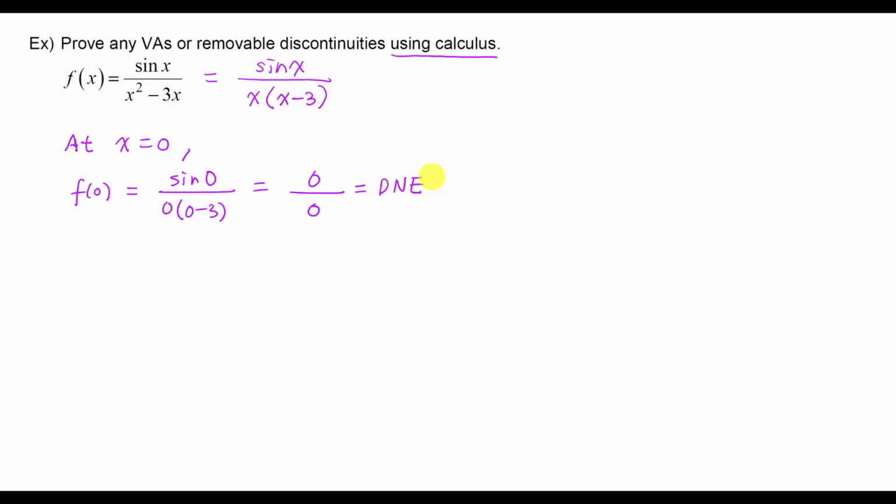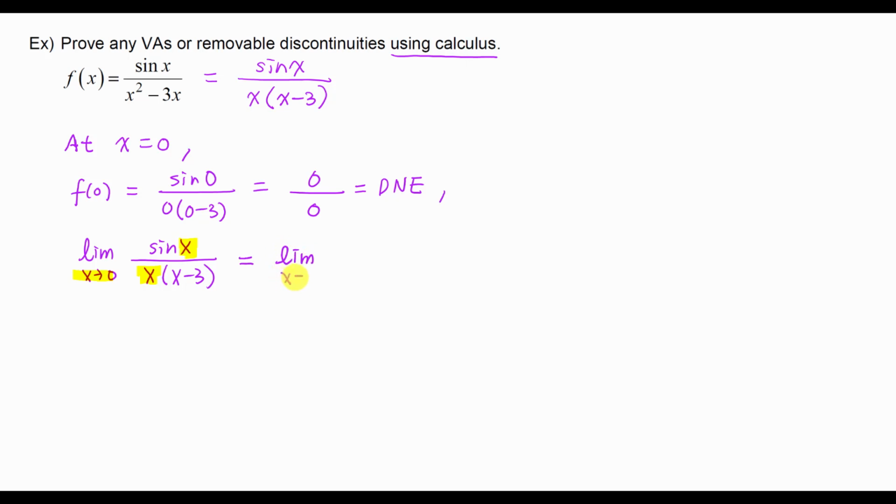However, you have a 0 over 0, but limit as x approaches 0 of sine x over x times x minus 3. Do you guys see something familiar? I have a limit as x approaches 0 of sine x over x. Yes? This is a special limit that we learned in section 1.3 about special limits, and you are supposed to memorize it by now. So we can split this as a product of two functions.